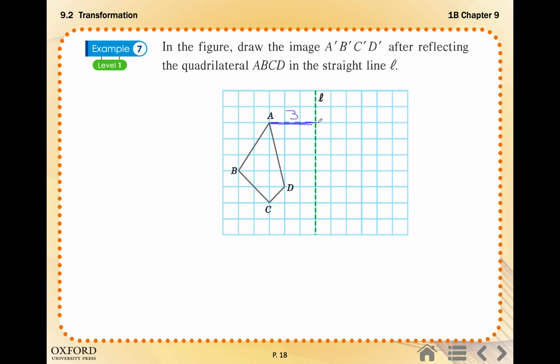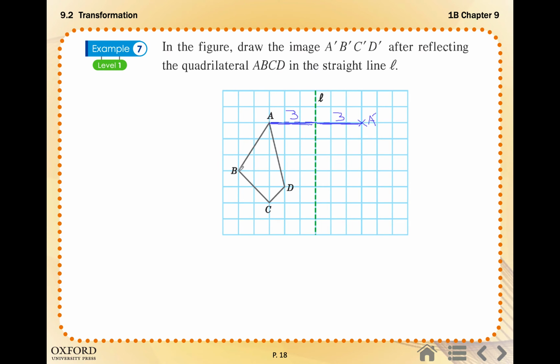Then you count 3 more units here, and then you can reach the image of A after the refraction.